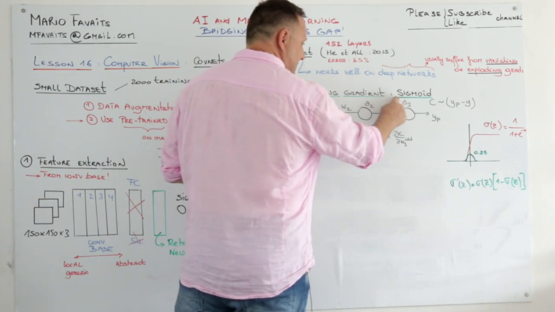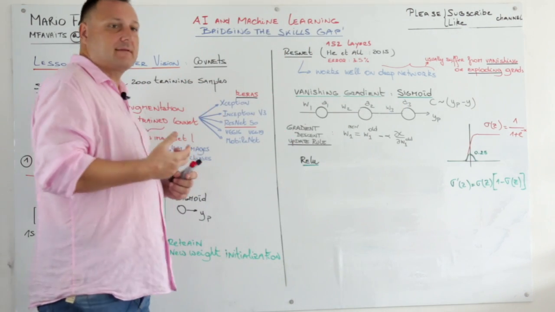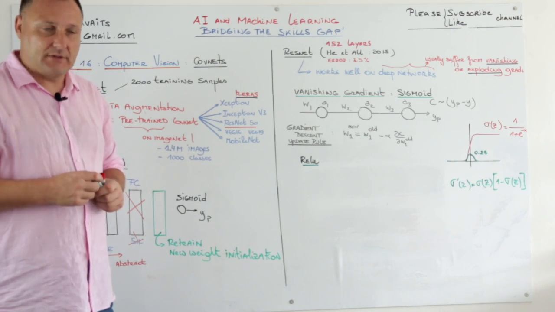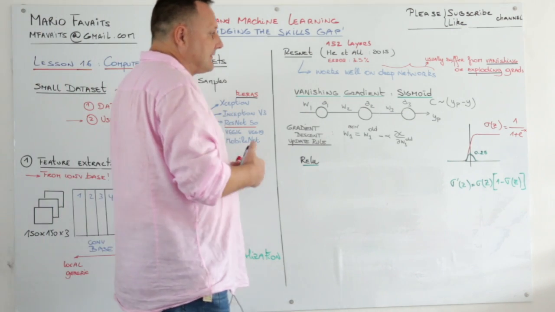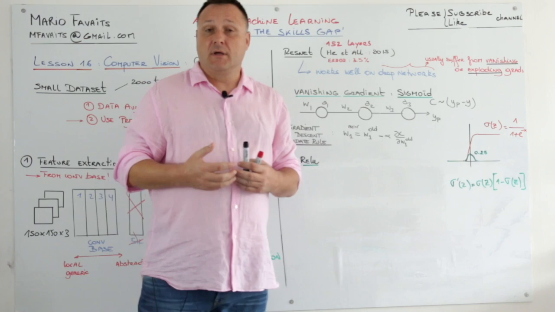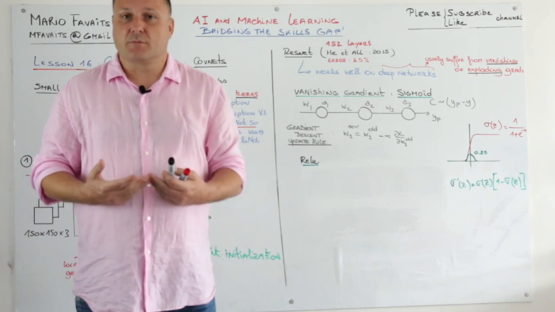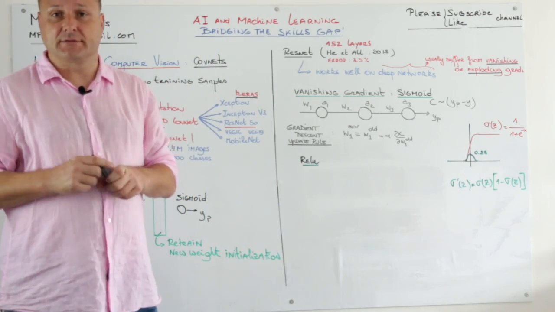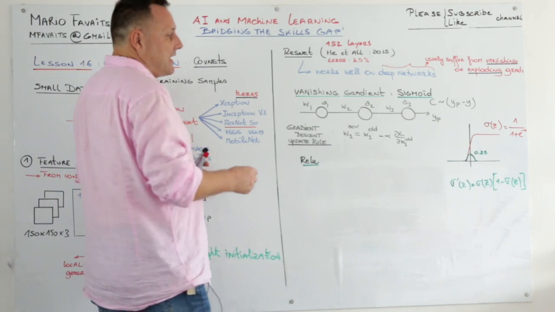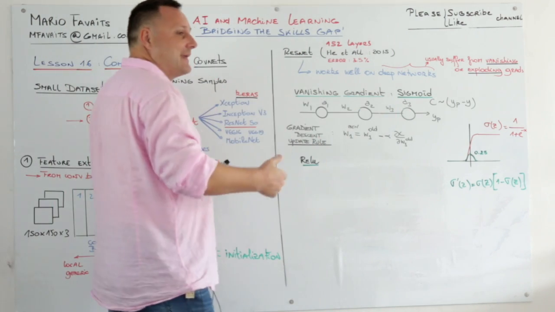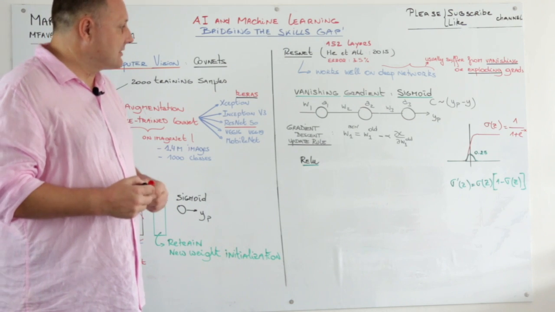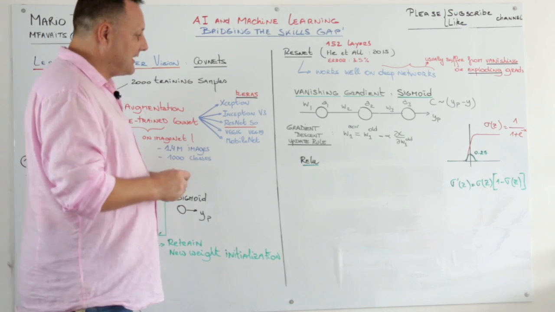Vanishing gradients are related to the fact that you would use sigmoid activation. Remember that before the millennium, sigmoid was often used. ReLU came after that. And when sigmoid is used and you make a deep network, you will run into the vanishing gradient problem. Let me explain what it means.